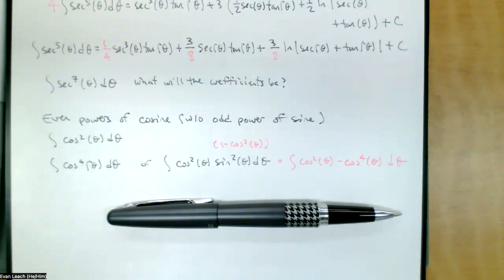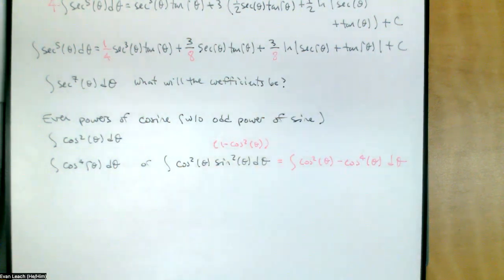Our next strategy is to use parts, and parts is perfectly viable for this, although a little bit excessive, especially if we've got higher power. So to see cosine squared done by parts, you can check example 6 and 7.2.